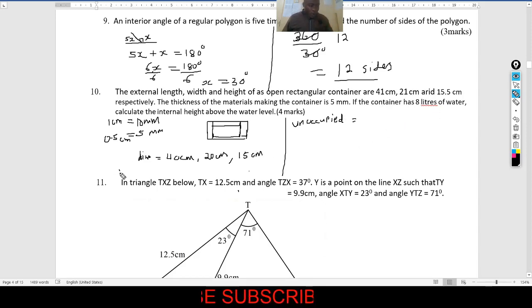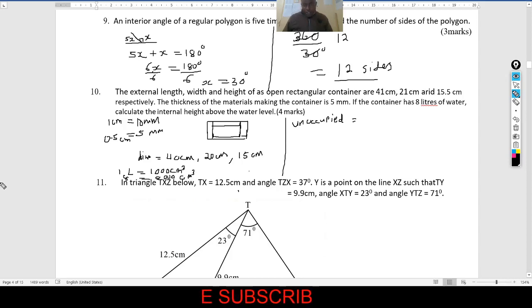We know that 1 liter equals 1,000 centimeters cubed, so 8 liters is 8,000 centimeters cubed.